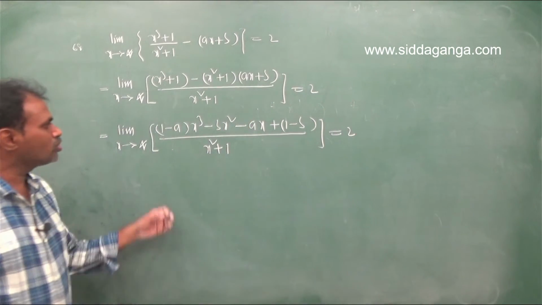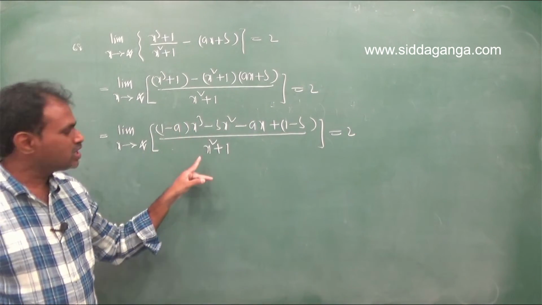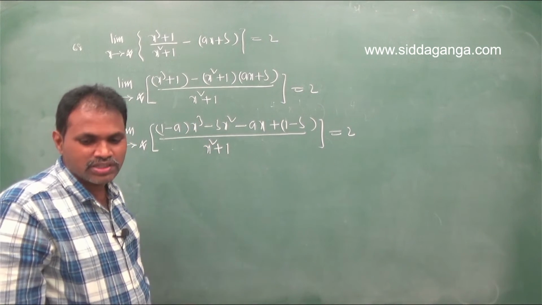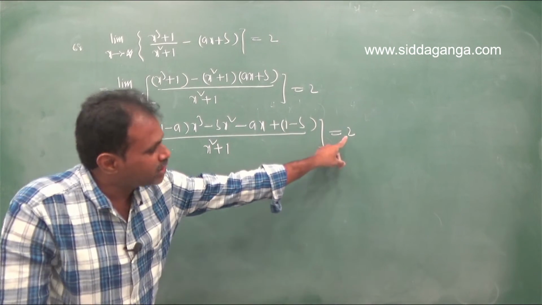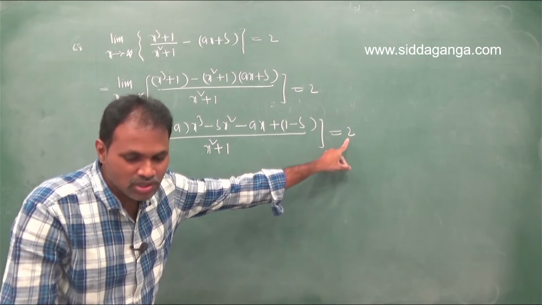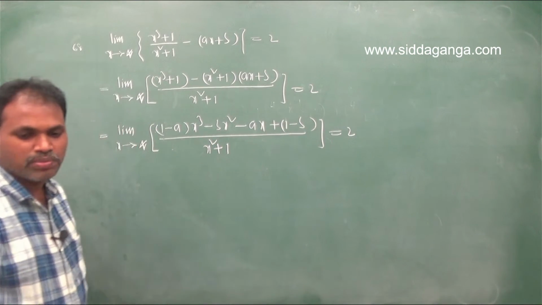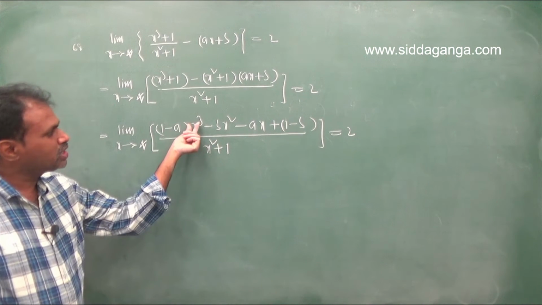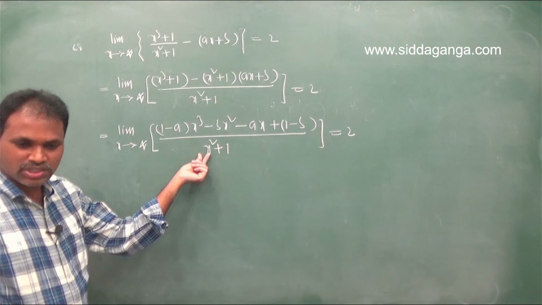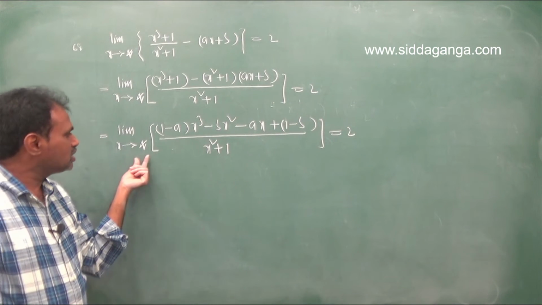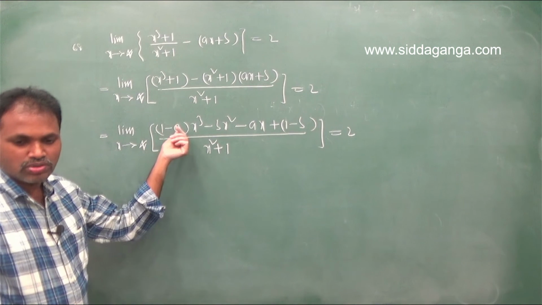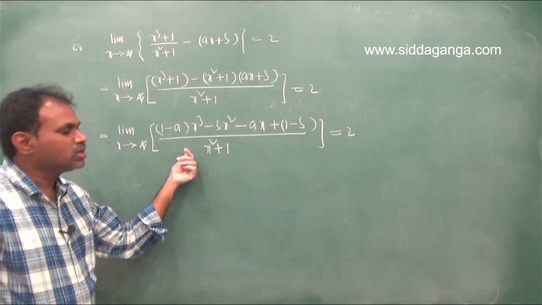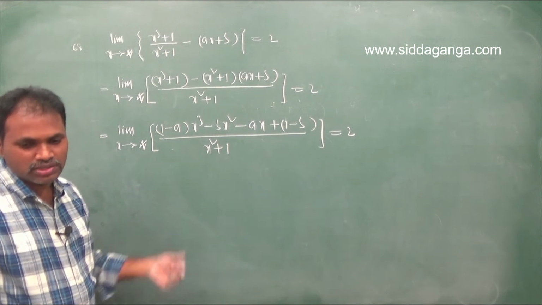Here the numerator degree is 3 and the denominator degree is 2, but here the limit is given as 2. As x tends to infinity, when the numerator degree and denominator degree are the same, the result of this limit is the coefficient of the numerator's highest power divided by the coefficient of the denominator's highest power.